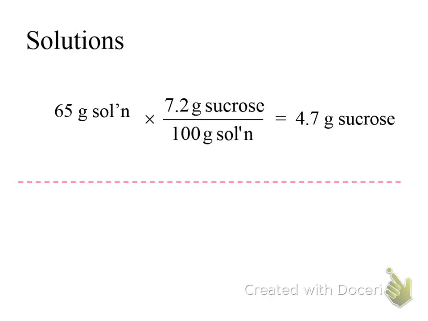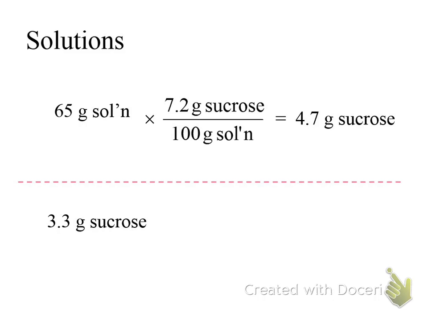This could be a very practical exercise. So the next one is we were given the mass of sucrose and asked to find the mass of the solution. So now the starting term is 3.3 grams of sucrose over 1. We want grams of sucrose to cancel, so we're going to use the inverse, aren't we?